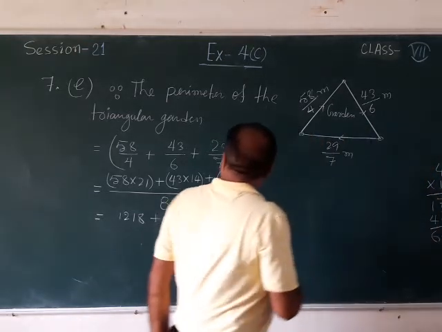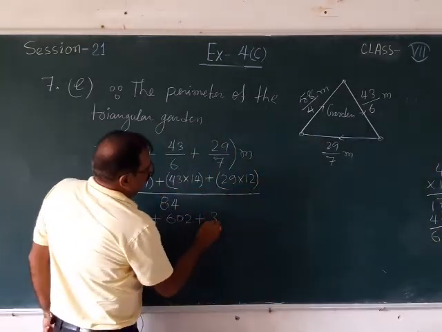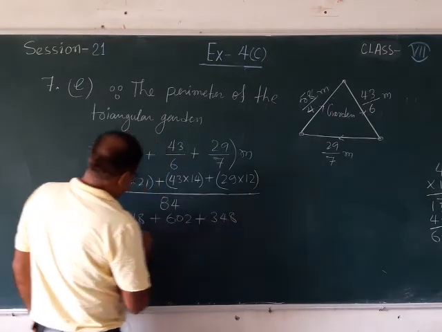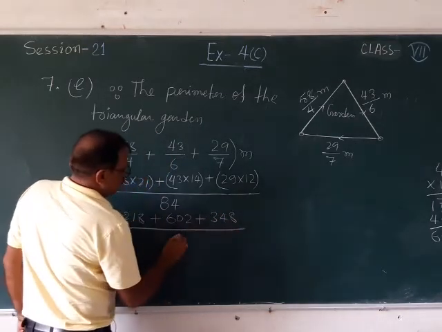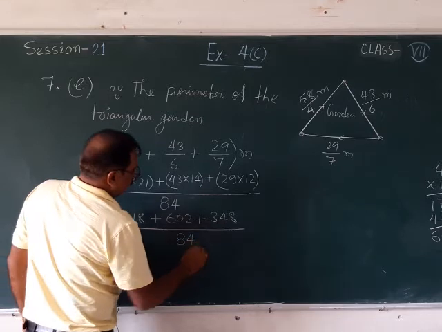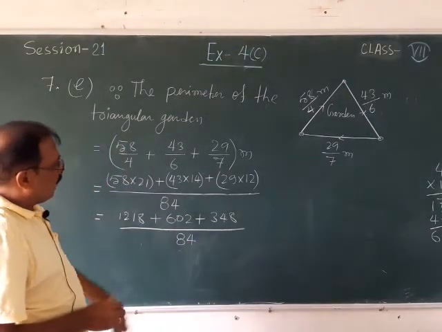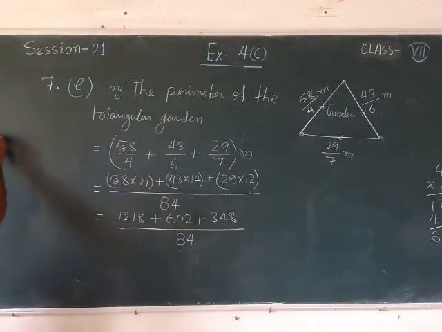That will be 348 upon 84. Now you can add all these numbers, that is 1218, then 602, and then 348. You add all these three numbers.